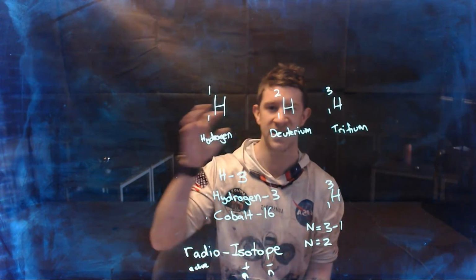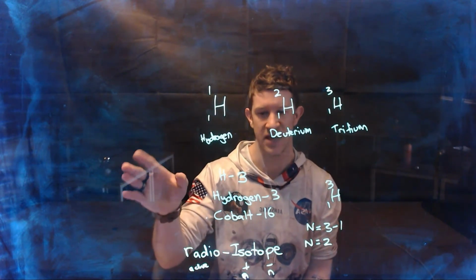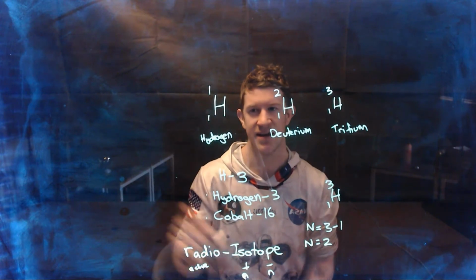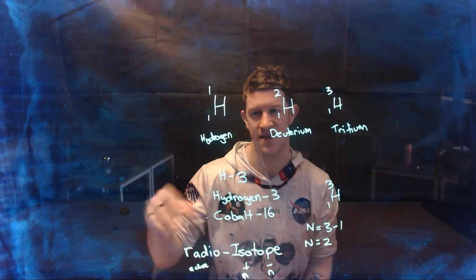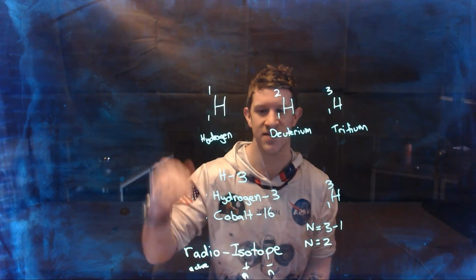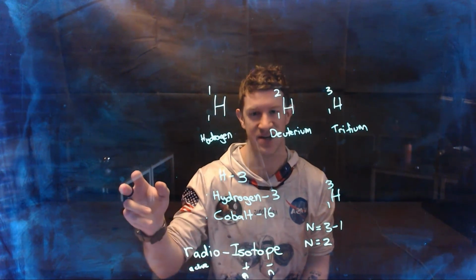If we look at the graph of the stability of elements, you can see this line. The line shows that anything above it has too many neutrons, and that's now unstable and radioactive. Anything below it has too many protons, which could also come about by subtracting away too many neutrons.